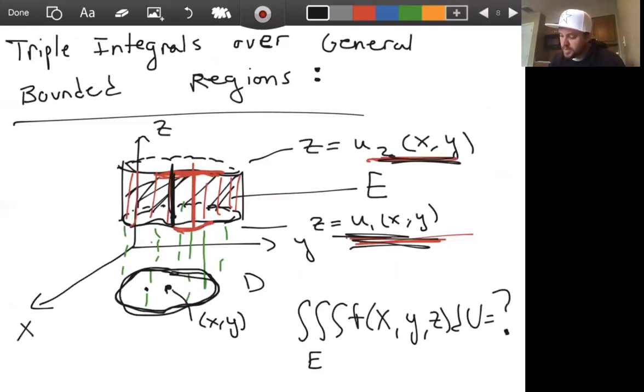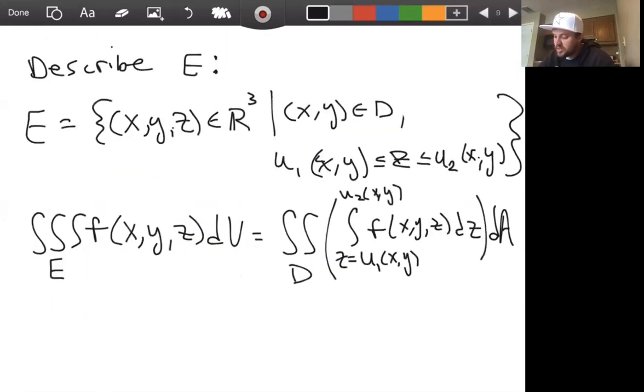So this gives us a way to describe the triple integral over some sort of generalized region like this. However, this is not the only way we could set up a generalized region, right?